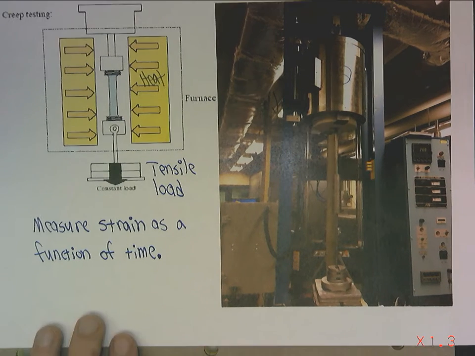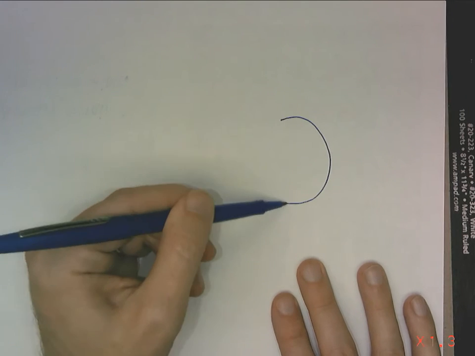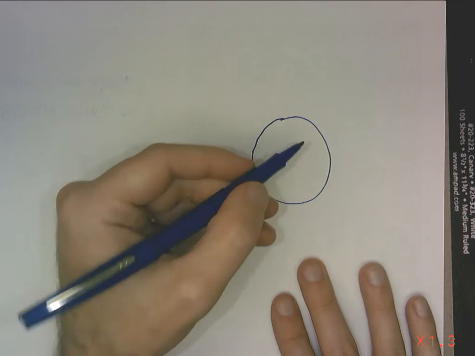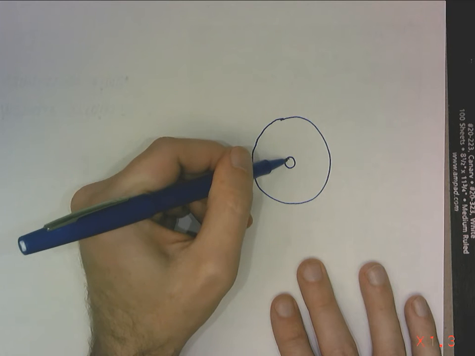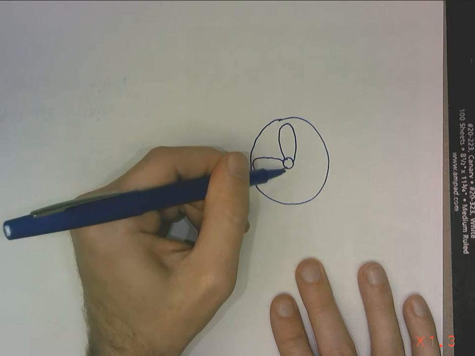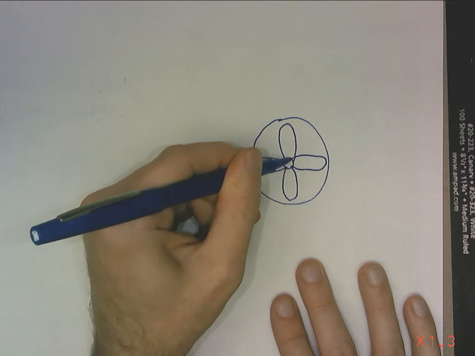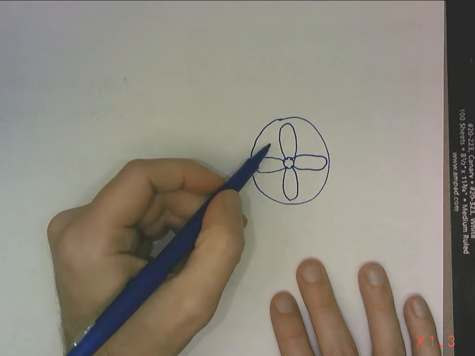So if I've got, say, let's flip this over and do a quick drawing. If I'm looking at the cross section of an airplane engine, it could be steam generation, whatever. Let's say I've got some kind of fan blades in here in my awesome jet engine, and they are spinning.